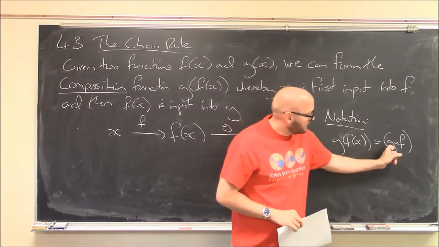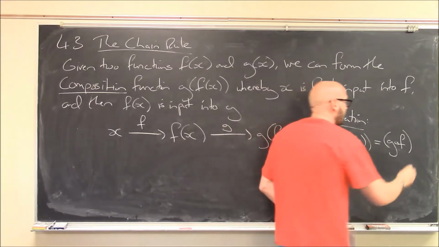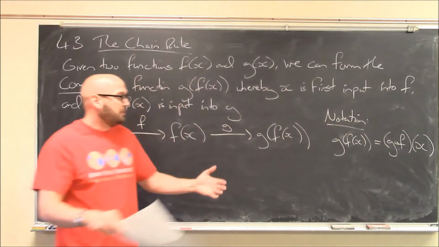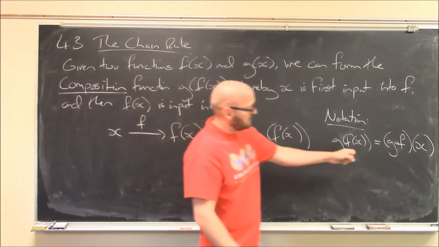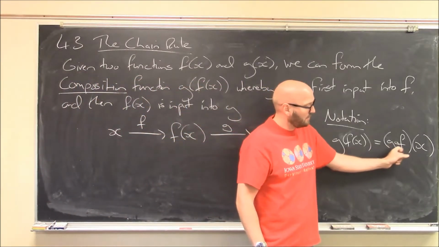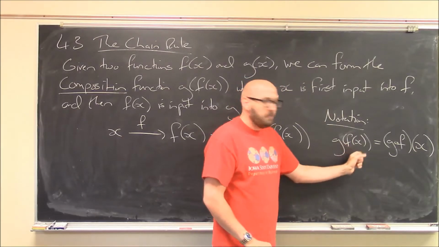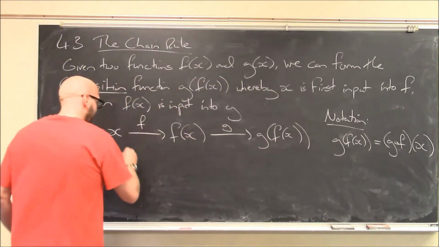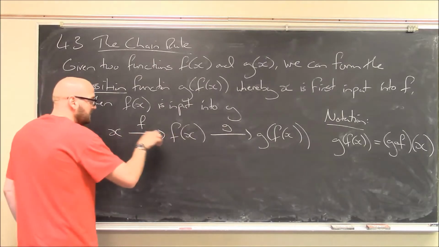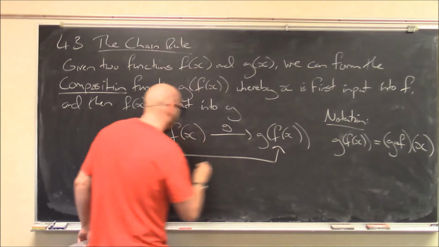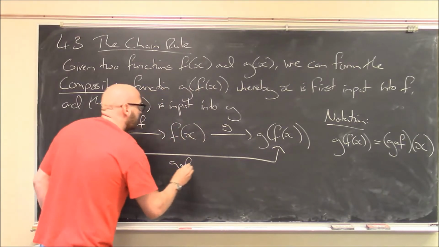Alright, so it's g with a little circle followed by f of x. Alright, so the composition g composed with f really is this brand new function that's quite often called g with a little circle f, g composed with f. But I will typically write this as g of f of x. So that takes these two functions, f and g, and it turns them into this single function, g composed with f.